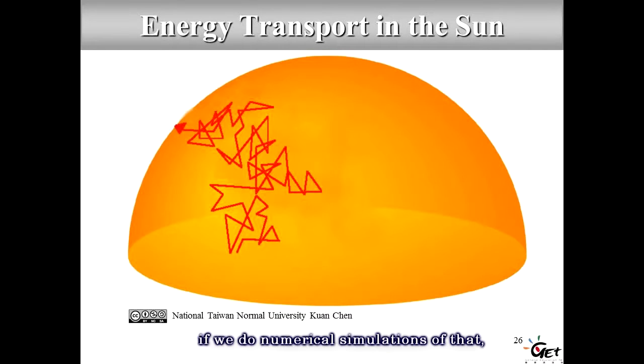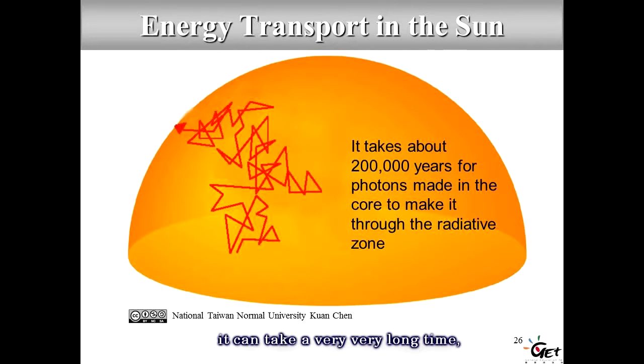If we do numerical simulations of that, for a given photon to come from the center zone where it's produced to the outskirts of the radiative zone, it can take a very, very long time, typically 200,000 years.